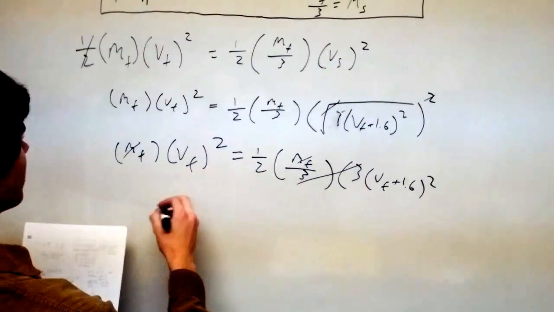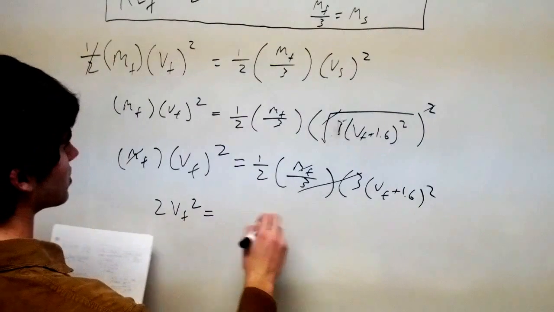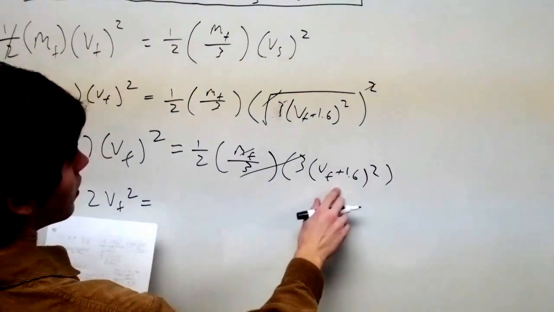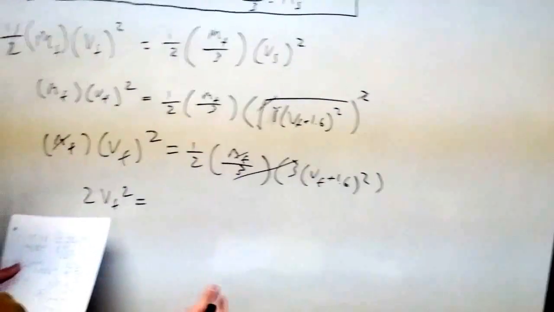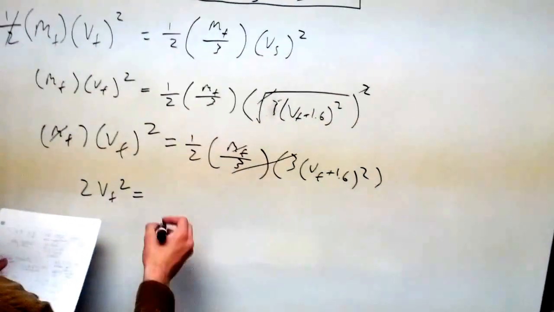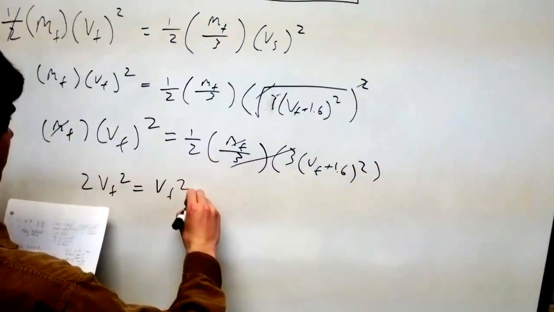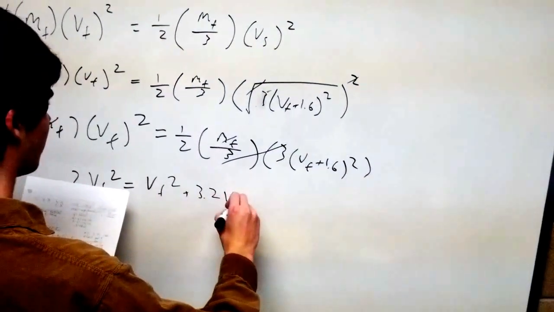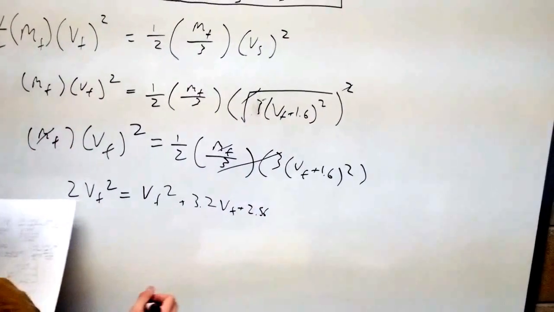So if we multiply by 2, we have 2 velocity of the father squared equals, and then if we distribute that squared, we have VF squared plus 3.2 VF plus 2.56.